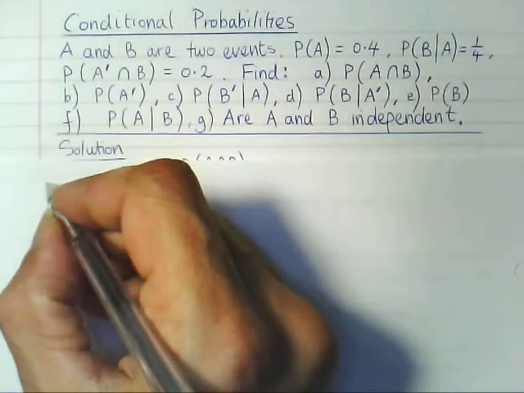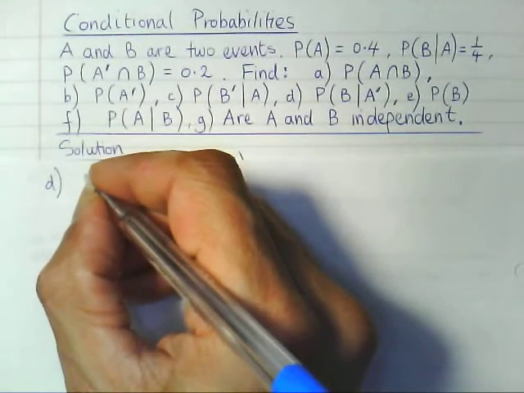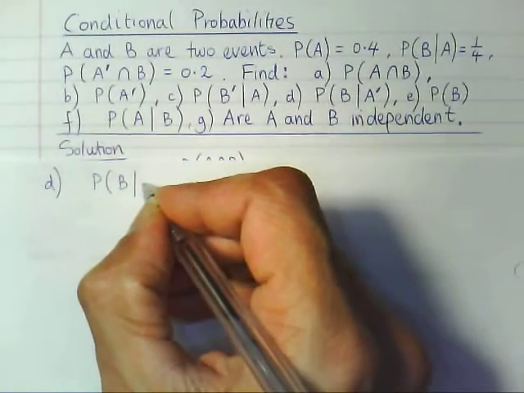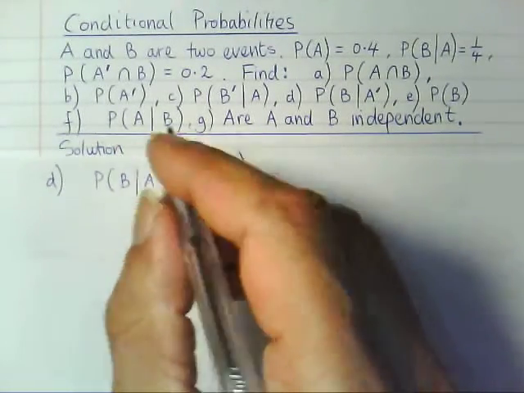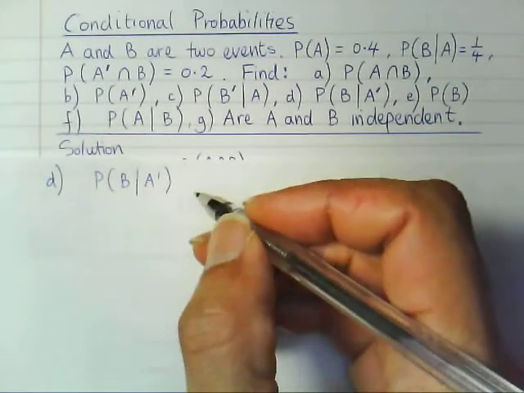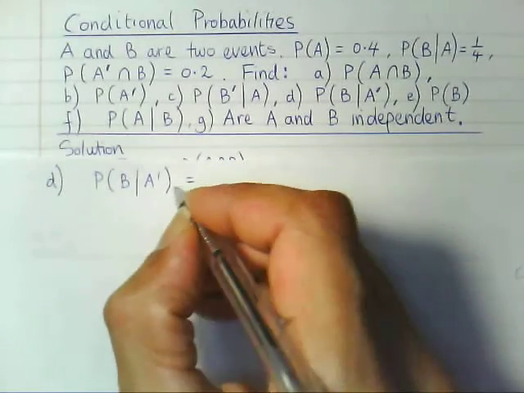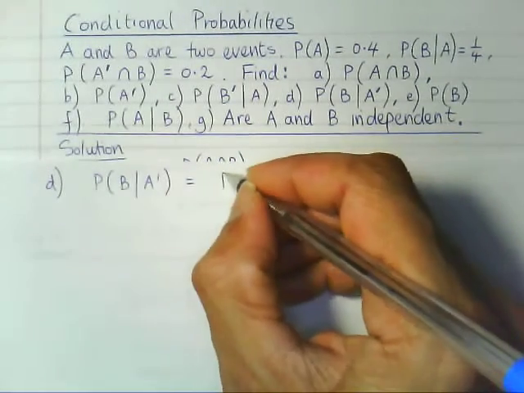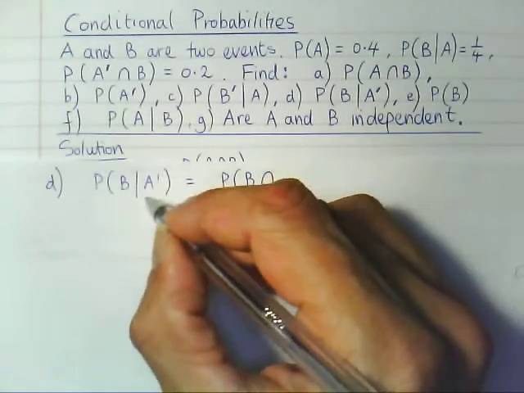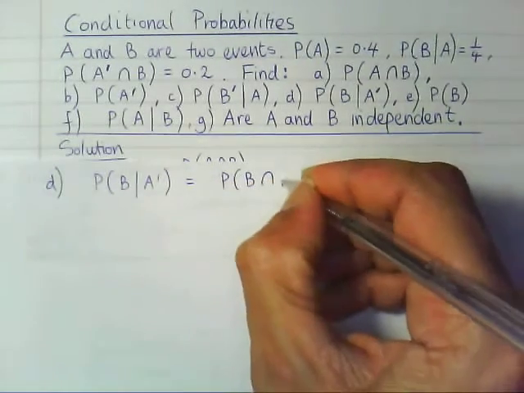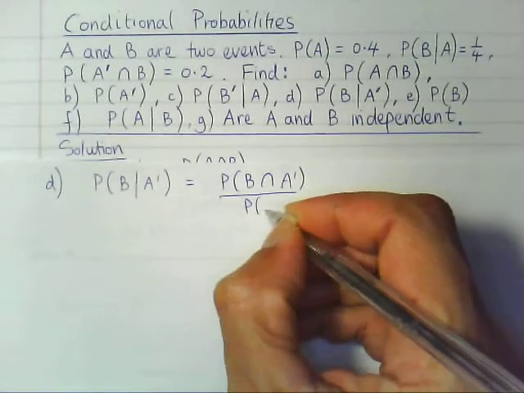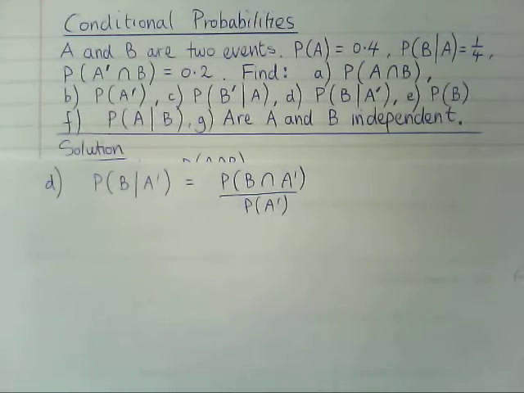In general, for part D, we could write that the probability of B occurring given that A has not happened, using our similar conditional probability equations that we used before, we could write something like this. Well, this must equal the probability of B intersection, whatever that set happens to be. In this case, it happens to be the complement, all over the probability of the complement of A.